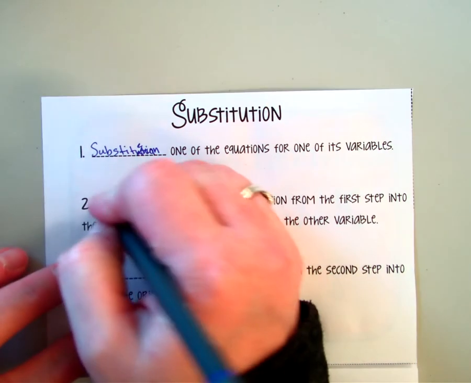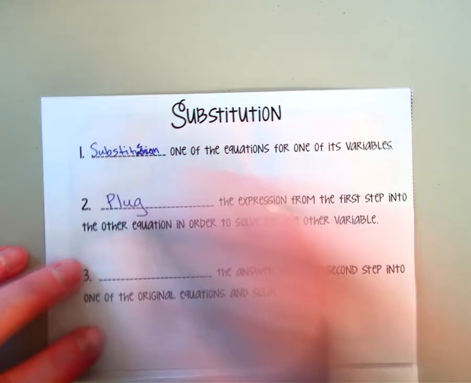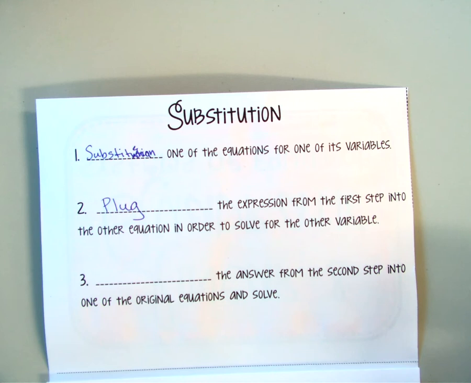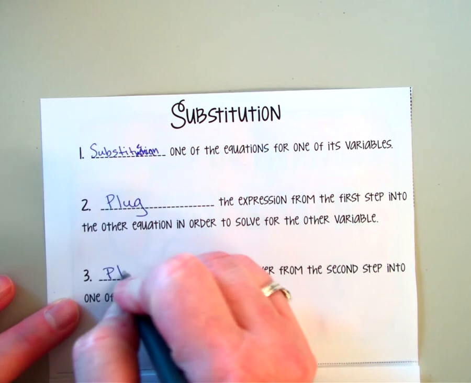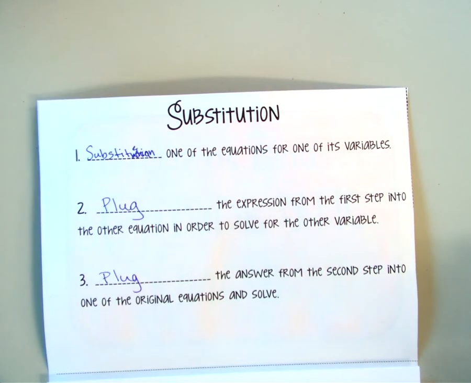Then you plug the expression from the first step into the other equation in order to solve for the variable. And then plug the answer that you get from the second step into one of the original equations and finish solving. So we're just using a substitution method for this one.